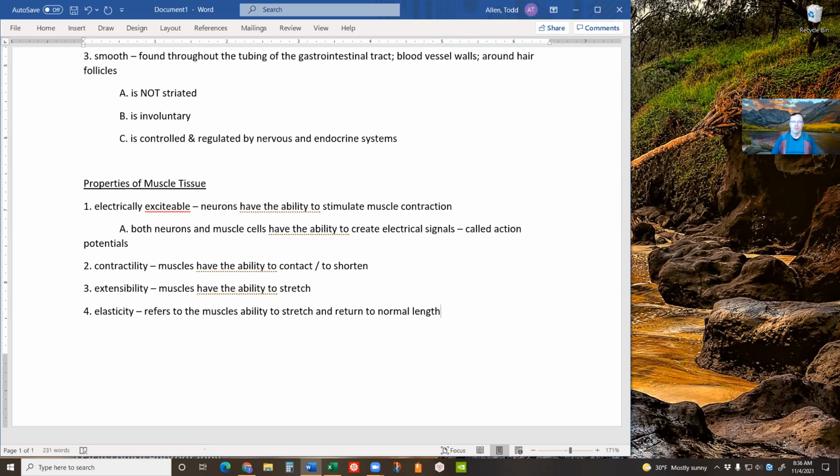Okay, so muscles are electrically excitable. They have the ability to contract, they have the ability to stretch, and they have the ability to stretch and return to normal size, which is known as elasticity.